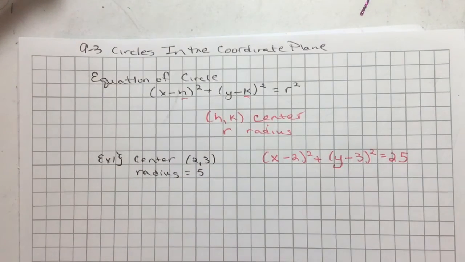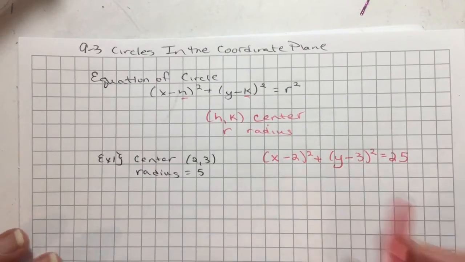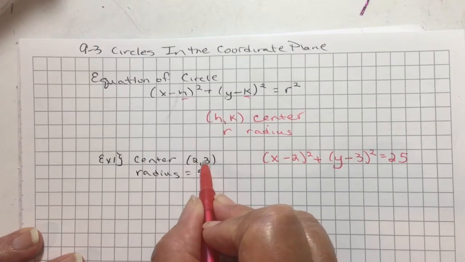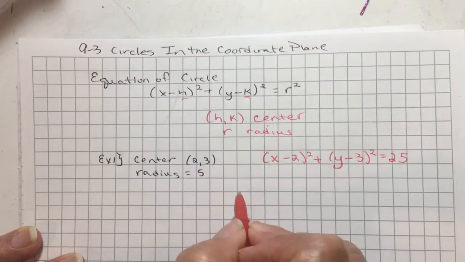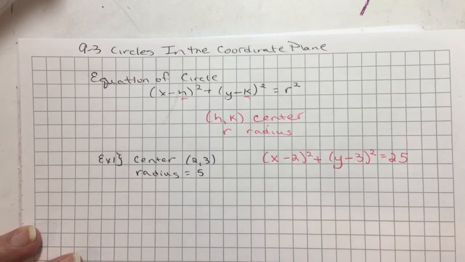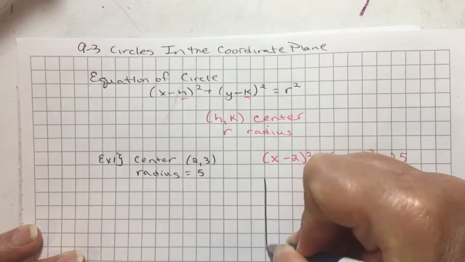Okay, let's go ahead and talk about how you would graph this one. If you were asked to graph it, you would put a point on (2, 3), and then you would count out in at least the 4 directions that it's pretty easy to do so, 5 units, and then make the circle. I am not a good artist, but let's attempt that.